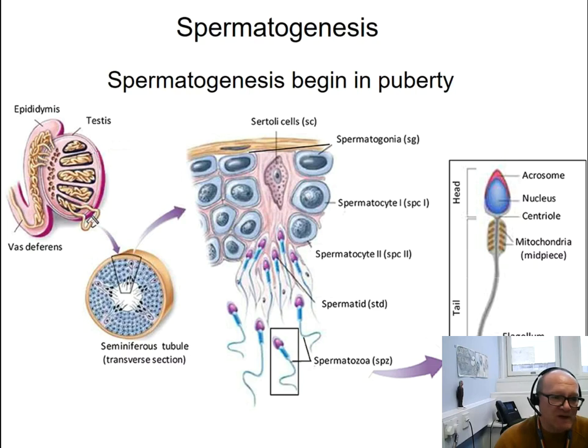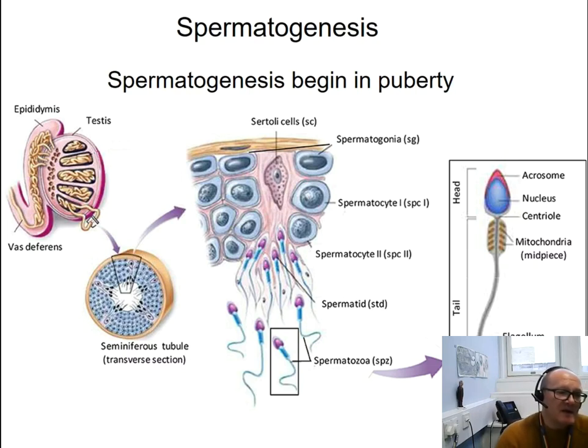We have spermatocytes 1 and 2, which are the spermatogonia that initiate meiosis. Spermatocytes 1 are still diploid cells, while spermatocytes 2 are the spermatocytes 1 that finish meiosis, and now they are haploid. These spermatocytes then go through a process of changing shape to form the spermatids.